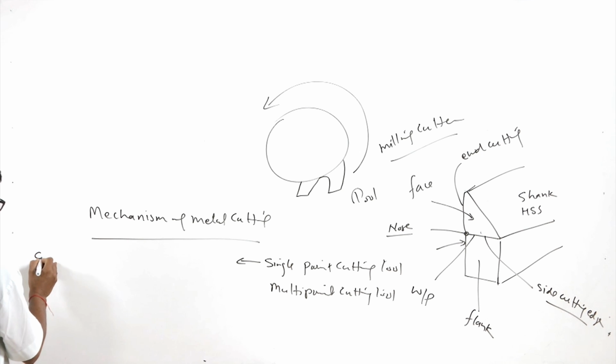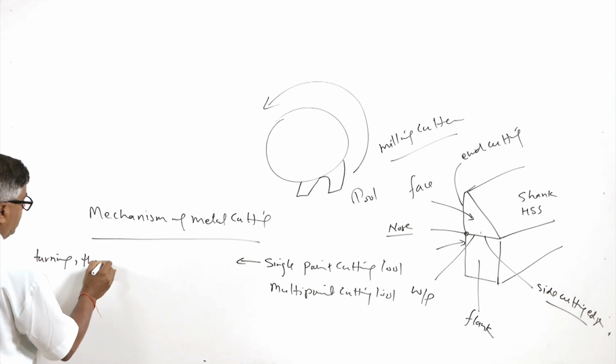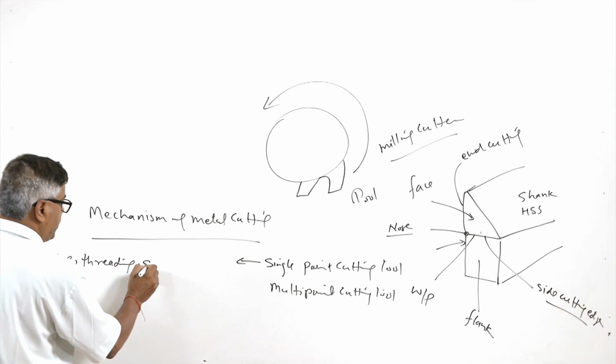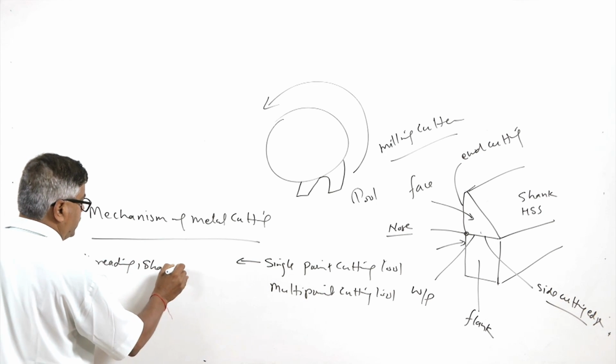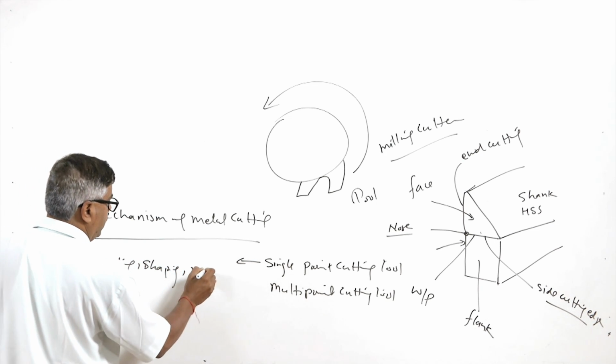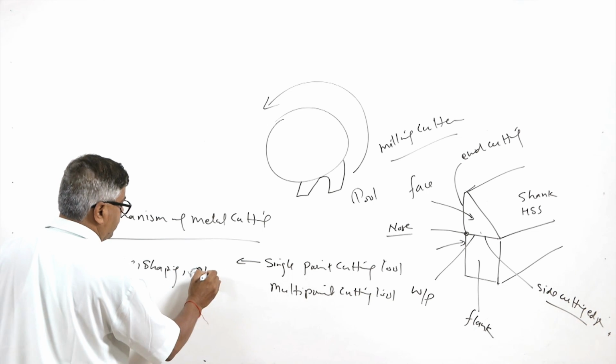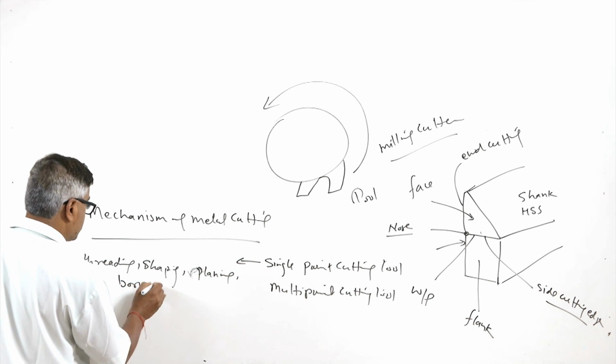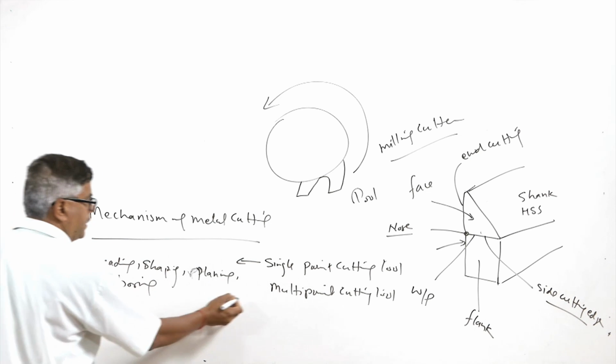There is a very wide range of processes which use a single point cutting tool. For example, the processes carried out on the lathe machine, like turning, threading, shaping on the shaper, planing, and boring, all use the single point cutting tool.